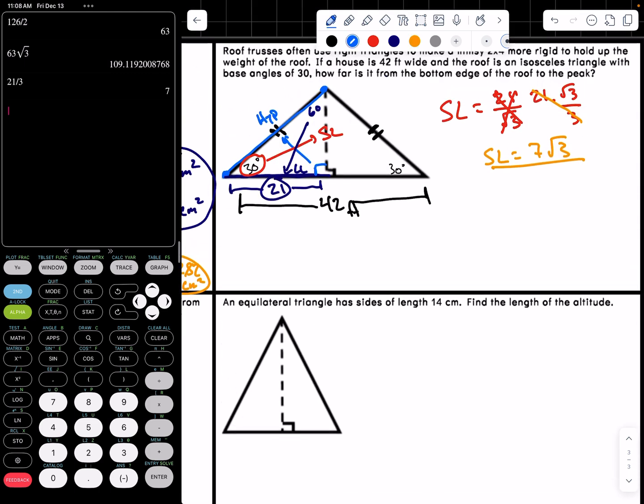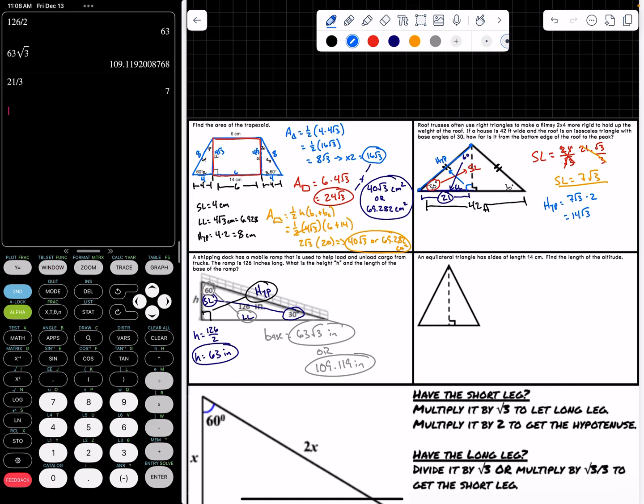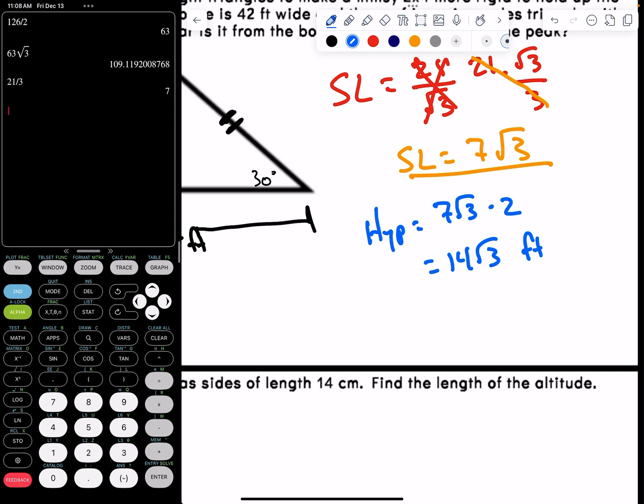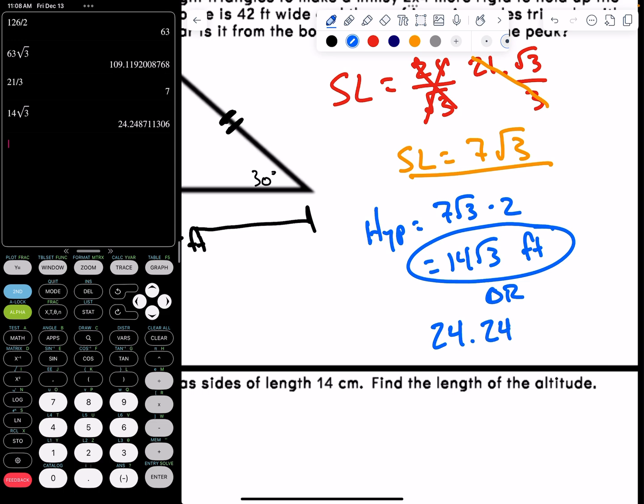So my hypotenuse equals 7 root 3 times 2, which equals 14 root 3, which would be an acceptable answer, 14 root 3 feet. However, that doesn't make a lot of sense. We don't have a 14 root 3 on our ruler, so we would evaluate and round to 3 decimal places, 24.249 feet.